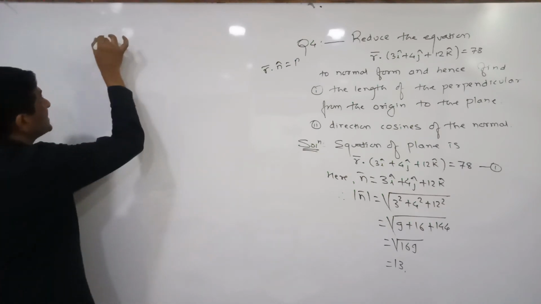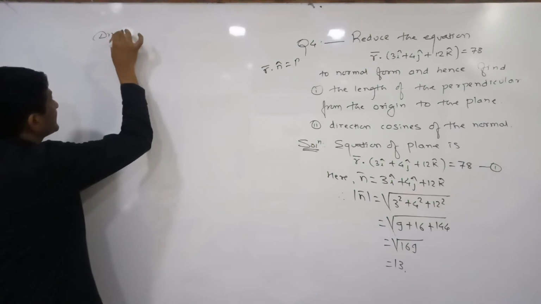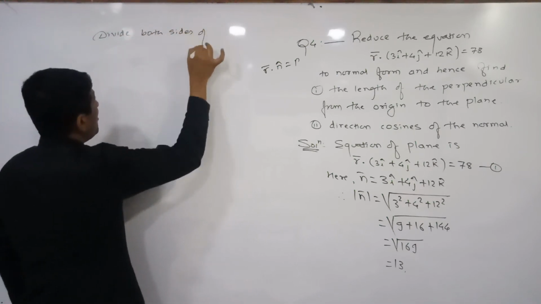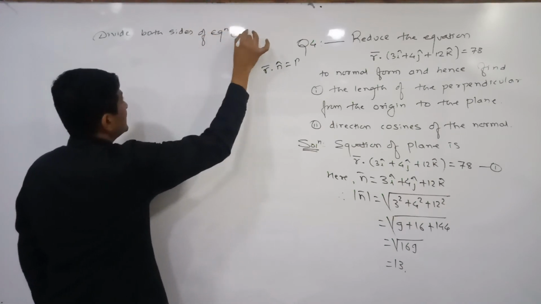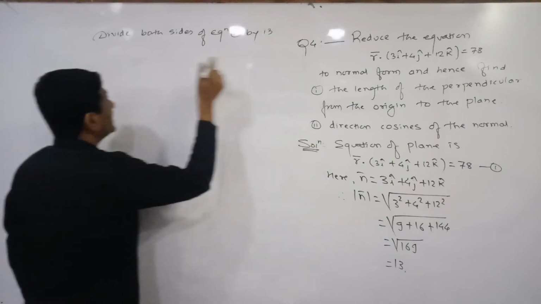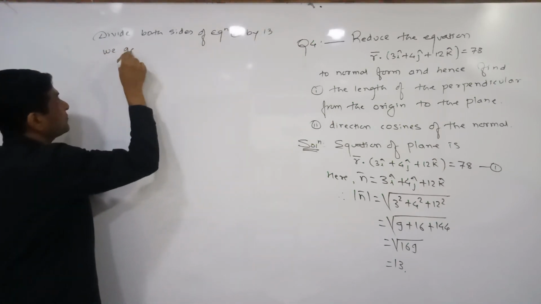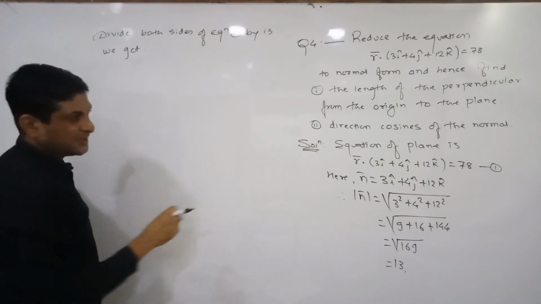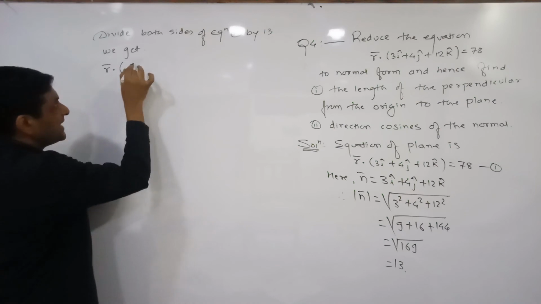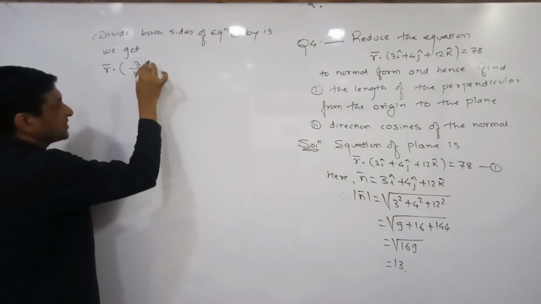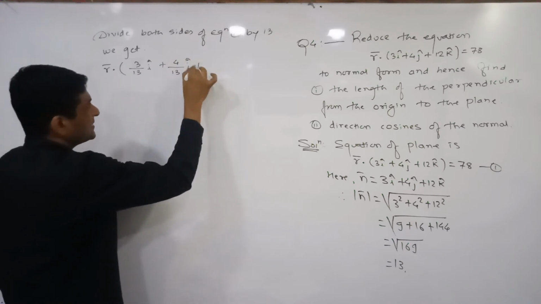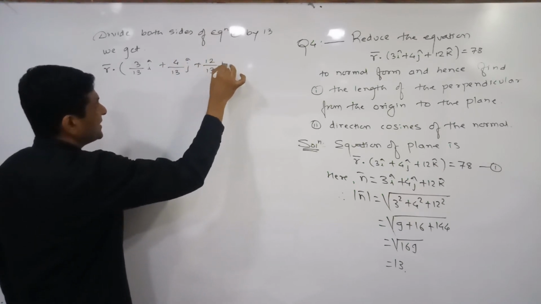So divide both sides of the equation first by 13. Let us see what we will get. Observe the equation number first. r bar dot 3 divided by 13 i cap plus 4 divided by 13 j cap plus 12 divided by 13 k cap.